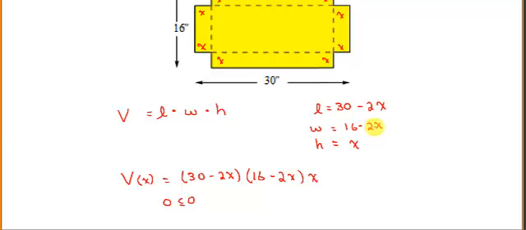We can see that if x were 8, the width would be 0. So x has to be less than or equal to 8, and I wrote 0 here. I'm sorry about that.